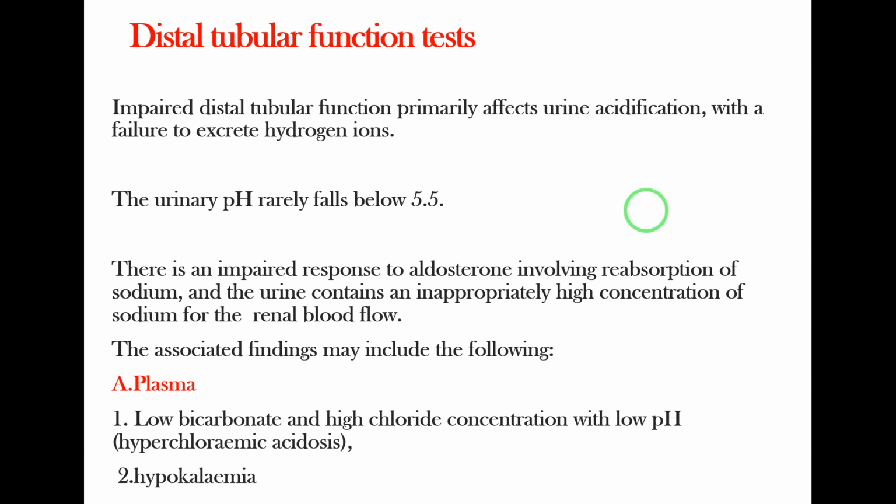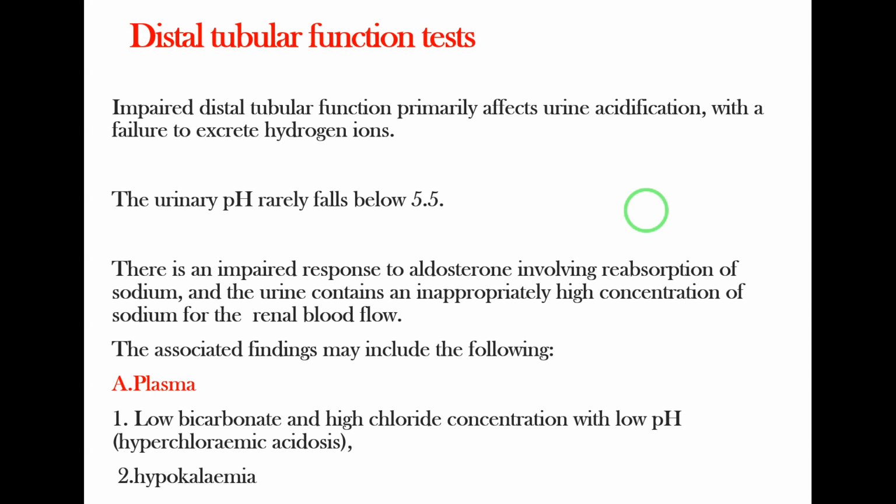This acidic urine is normally the result of the excretion of hydrogen ions that result from the metabolism of volatile acid. Normally during metabolism, there will be production of a volatile acid as a byproduct, so the body tends to remove it by excreting the hydrogen ion in the urine. This process will be defective if the patient has a defect in the distal tubule.